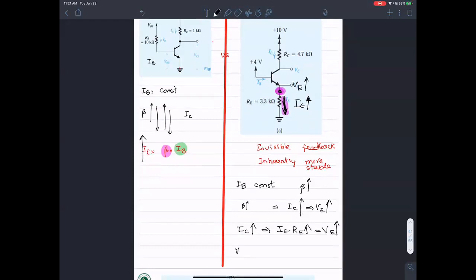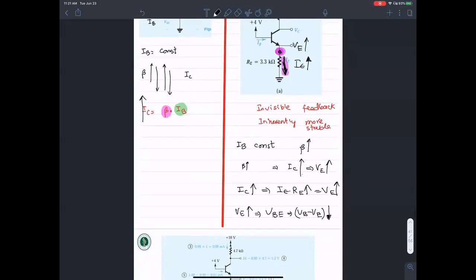When VE increases, what do you think happens to VBE, which is VB minus VE? It will decrease. Now something magical happened.